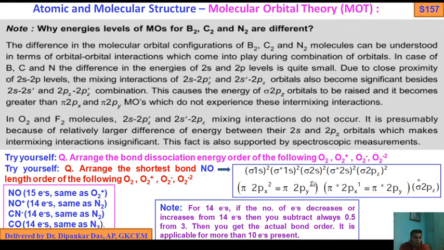But in the case of O2, F2 molecules, 2s 2pz prime and 2s prime 2pz mixing interactions do not occur. So as I told you, sp mixing is not considered here. It is presumably because of the relatively larger difference of energy between their 2s and 2pz orbitals, which makes the intermixing interaction insignificant.